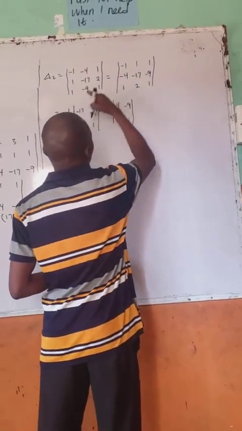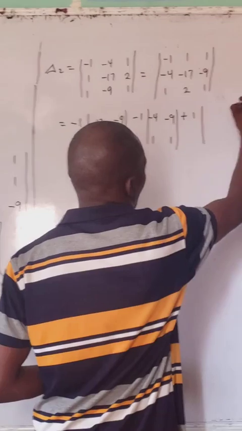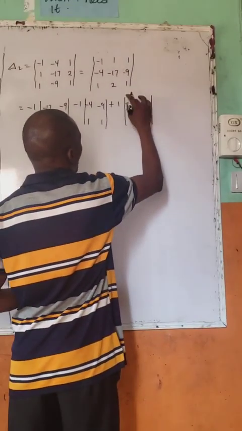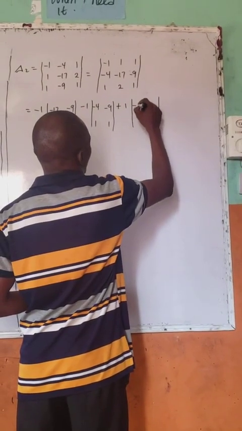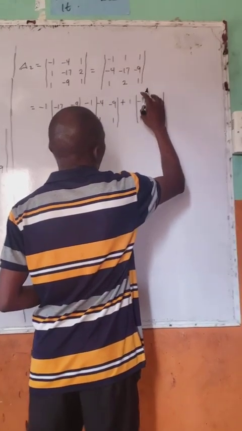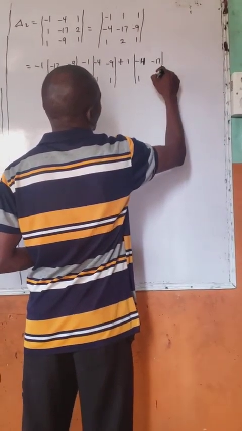We have plus, minus, plus. So this gives us plus 1, and the last one will be minus 4, 1, minus 17, 2.